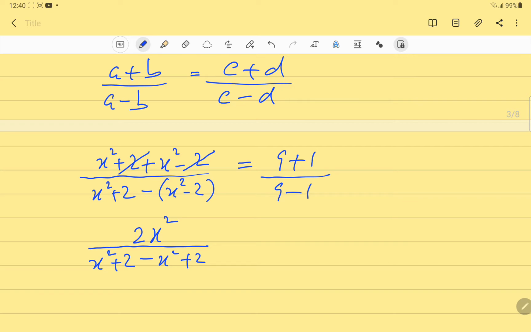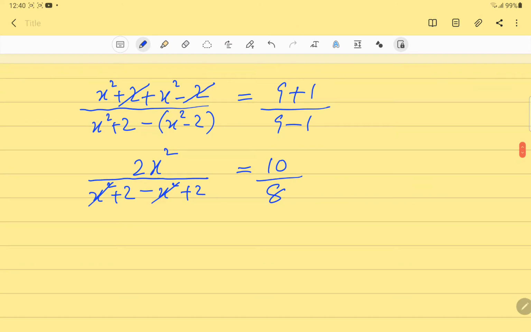Here x squared will cancel with x squared because they are both with opposite signs. 9 plus 1 is 10, 9 minus 1 is 8. Left side will be 2x squared over 4, and right side 10 divided by 8 is 5 divided by 4, and here we will be cancelling 2 with 4 and we are left with 2.